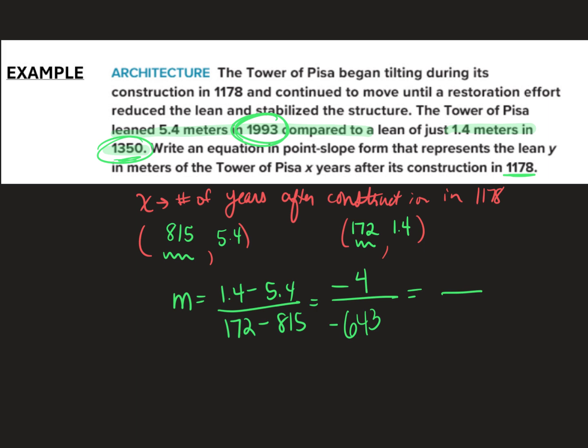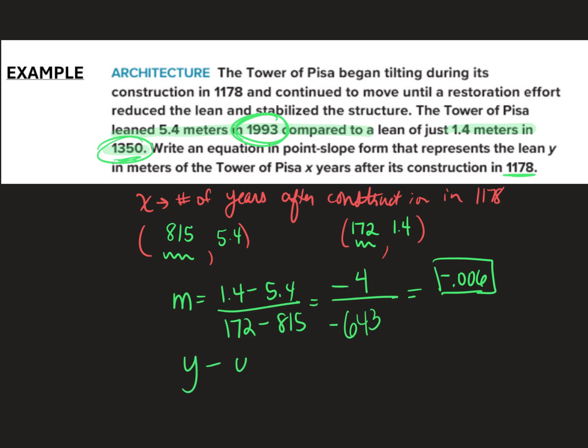And you get 0.0062 when you divide that. So my slope is going to be 0.006. So we're going to write an equation in point slope form.